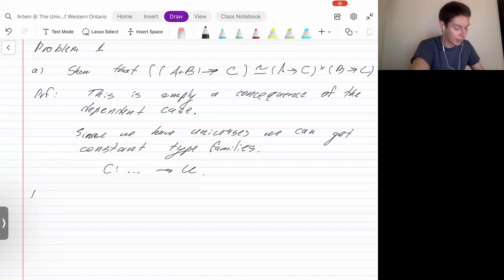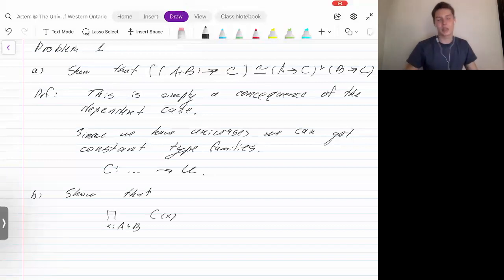So instead, we'll be going into the dependent case. Show that, and what's the dependent case? Well, we just pi everything. So here we have pi x : A + B of C x. Here we assume everything is such that everything type checks. So A is a type, B is a type, so A plus B is a type, etc. It should be evident from context.